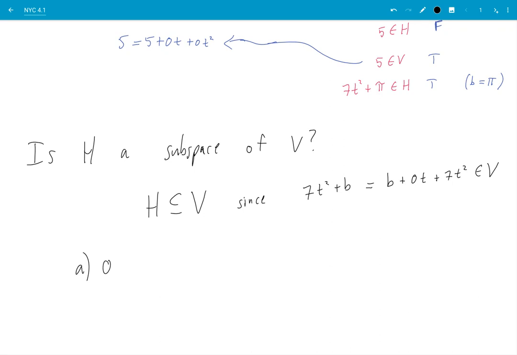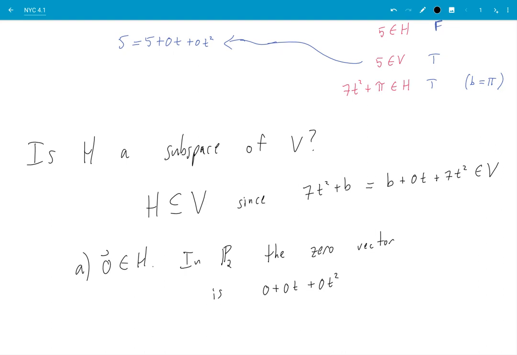Is the 0 vector in H? Okay, let's see first of all, what is the 0 vector in the land of polynomials? In P2, the 0 vector is 0 plus 0t plus 0t squared.